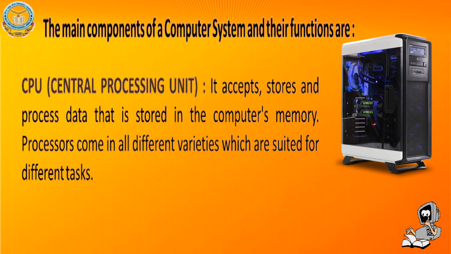The CPU is made up of three main components: the control unit, the immediate access store and the arithmetic and logic unit, which helps with all the calculations like plus, minus, multiply and divide.